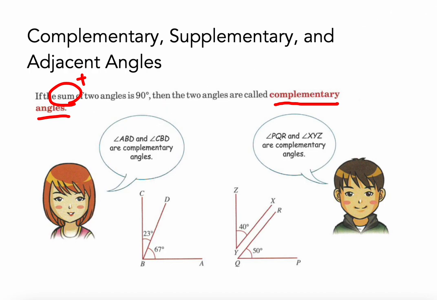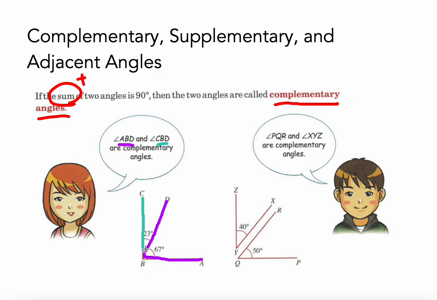Okay, so in this example here, I have angle ABD. ABD, I'm going to put that in purple. And I have angle CBD. I'm going to put that in teal.